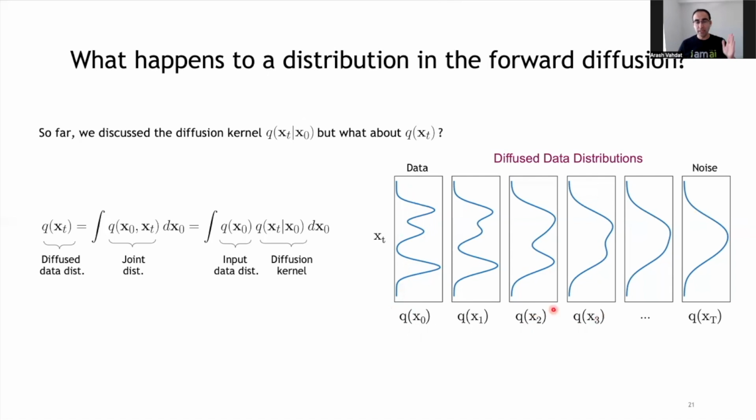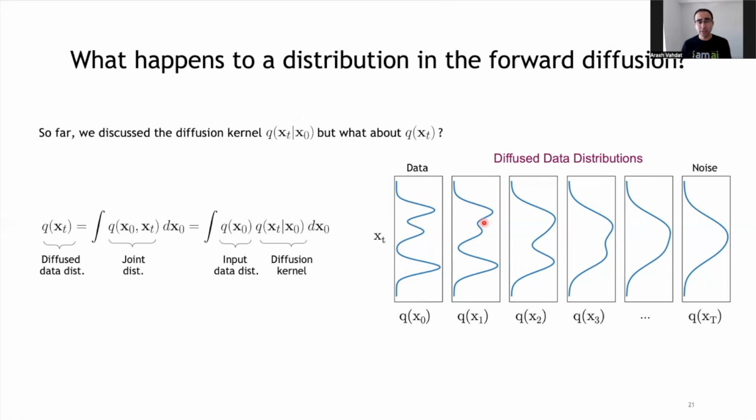As you can see, as we go in the forward process, we take this data distribution and make it smoother and smoother as we go forward in time. Eventually it becomes so smooth that we can just represent this distribution using a standard normal distribution, a zero mean unit variance normal distribution.